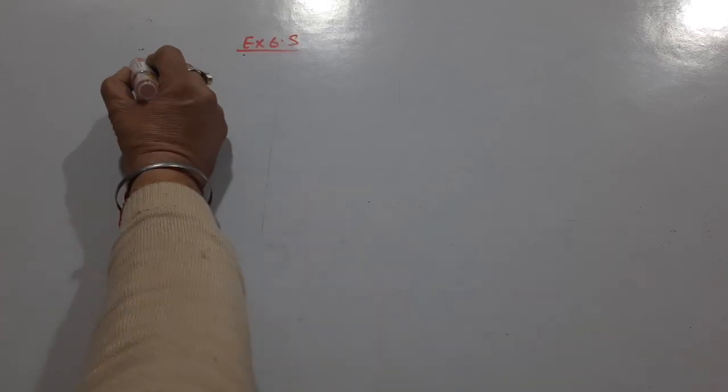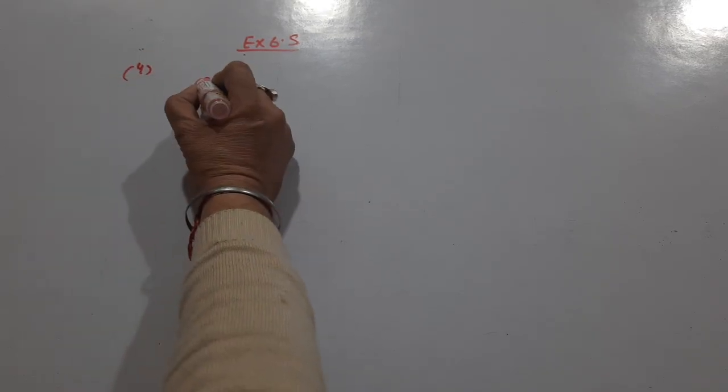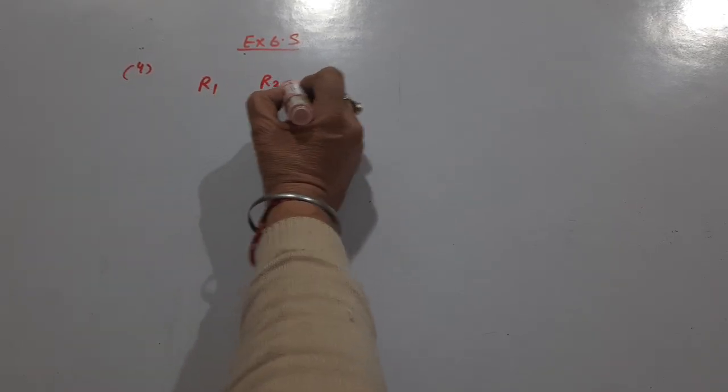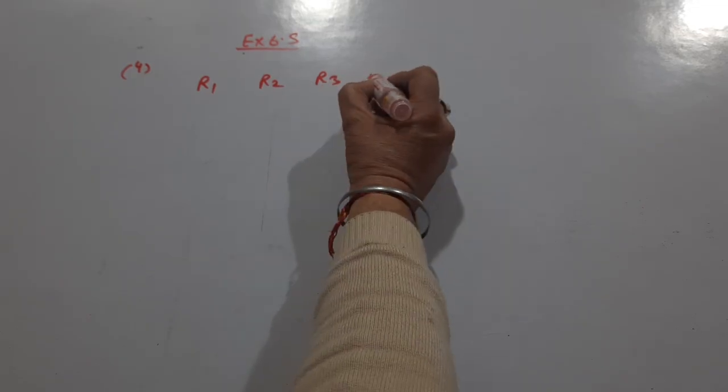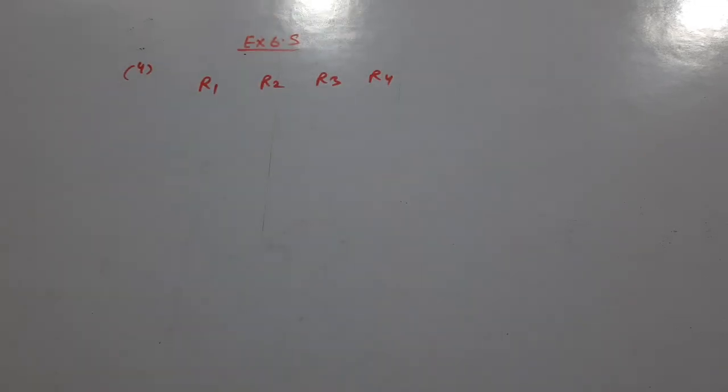Now students, here we are given four rings. हमारे पास four rings हैं, R1, R2, R3 and R4, and each marked with six different letters. Each ring is marked with six different letters. In how many ways it is possible to make unsuccessful attempts to open the lock?